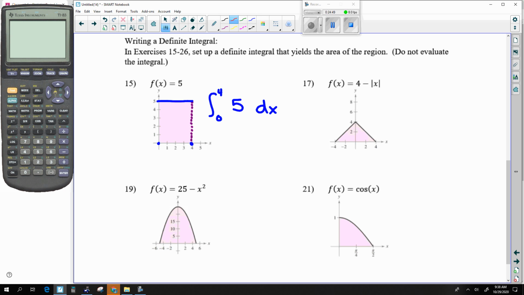So here, the area starts at -4 and goes to +4. So this is going to be from -4 to 4 of this. And again, that will get you this area.